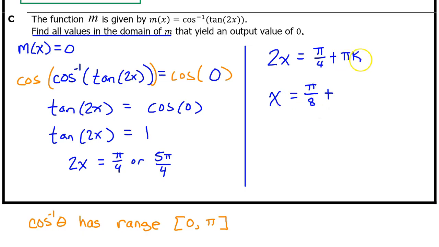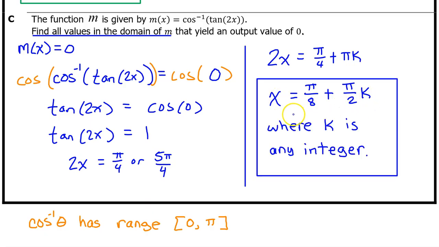Of course, pi k divided by 2 is simply pi k over 2. Or, if you wanted to, you could write it as pi over 2 times k, which is the same thing. For the final answer, we say x equals pi over 8 plus pi over 2 k, where k is any integer. Make sure you include this phrasing.